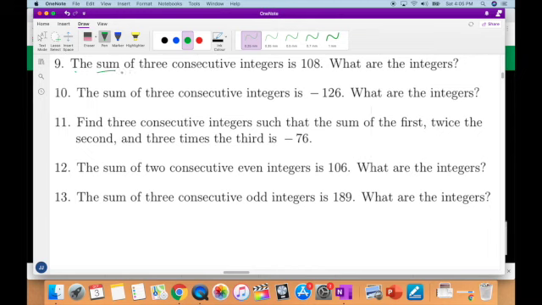The sum of 3 consecutive integers is 108. What are those integers? First of all, what's an integer? You remember what's an integer?